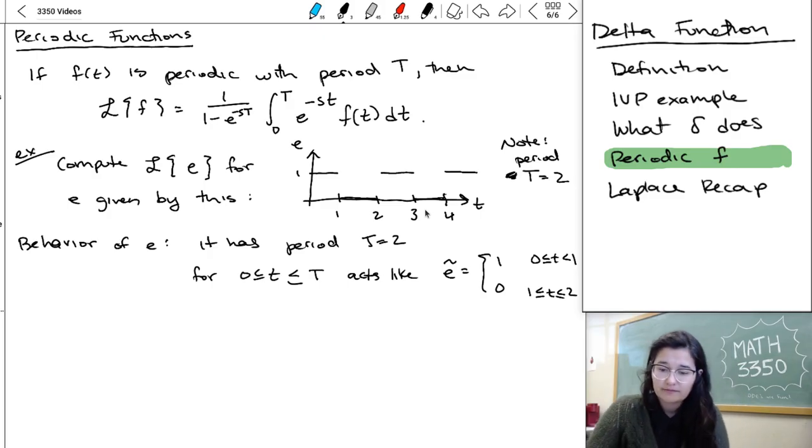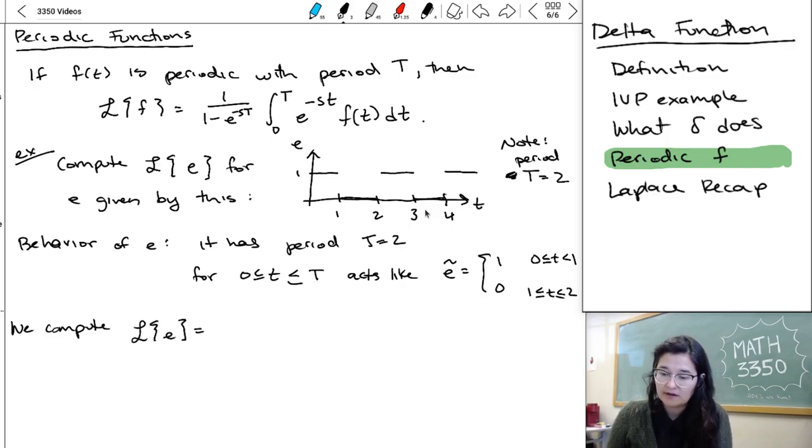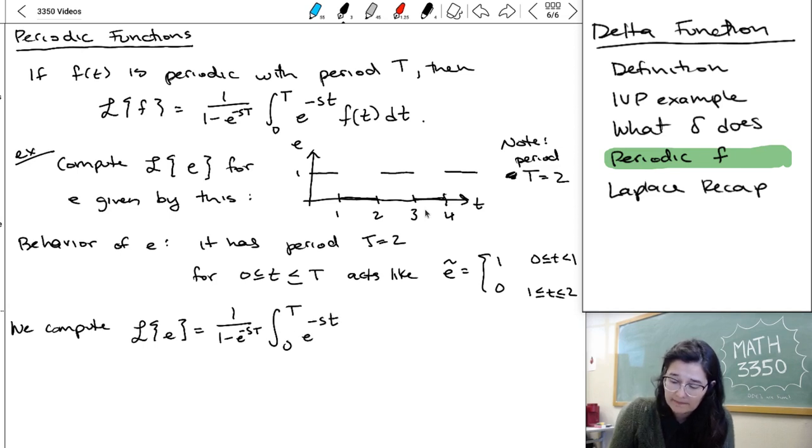So, if we want to compute Laplace transform of e, we're going to have to use this formula, 1 over 1 minus e to minus sT, evaluating the integral from 0 to T of e to minus s times little t, times whatever our function takes on within the integral, and so that's that E tilde that I just wrote down.